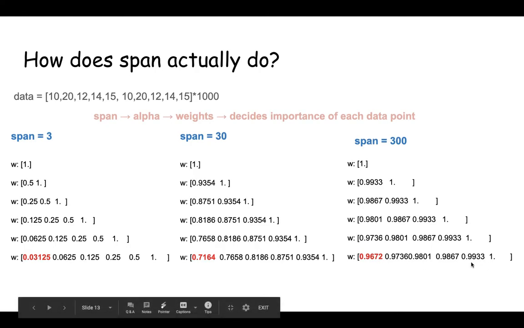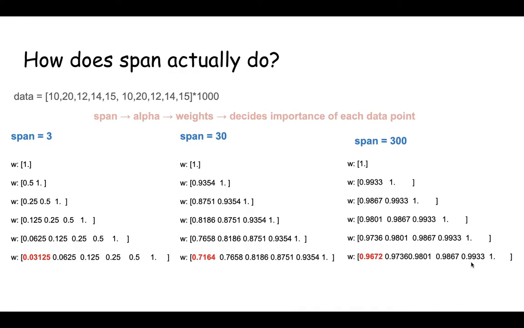So when you look at the plots in the next few slides, I'll show you that when you try to fit the data set with the exponential moving average with a higher span, the curve would be much flatter, because you are giving more importance to not only the new points but also the older points that are in the past.